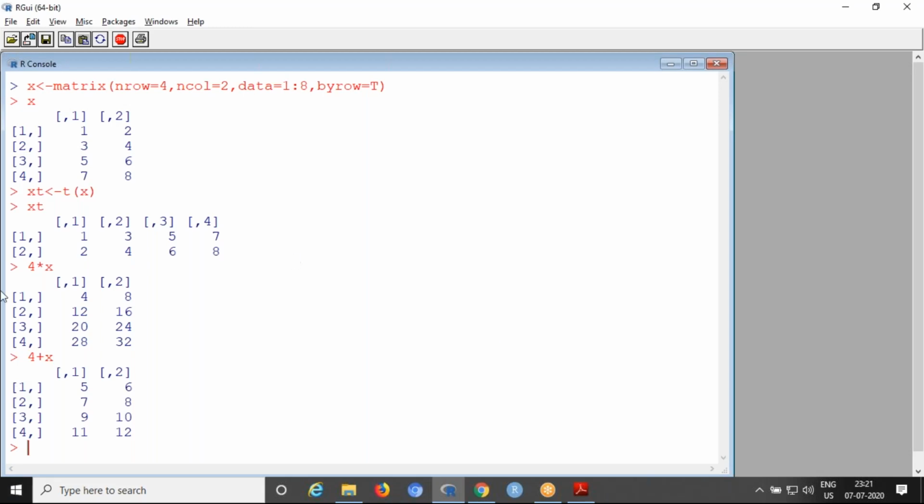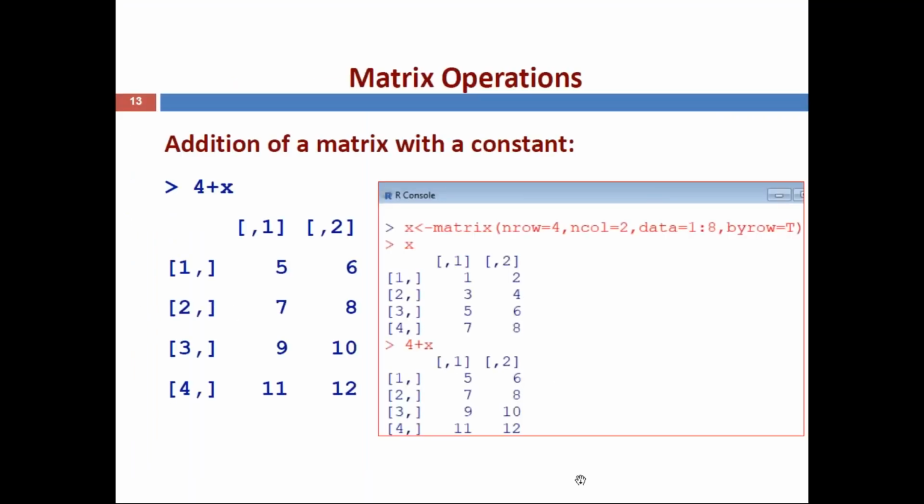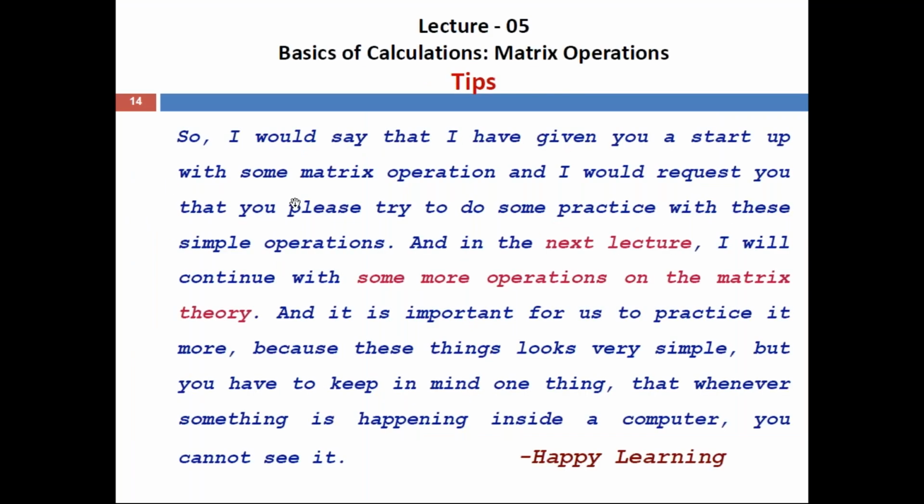Now you can see, this is the output. Like this you can compute the basic arithmetic operations, addition, subtraction, division, multiplication, also with a constant, of a particular matrix. So that is the addition of a matrix with a constant.